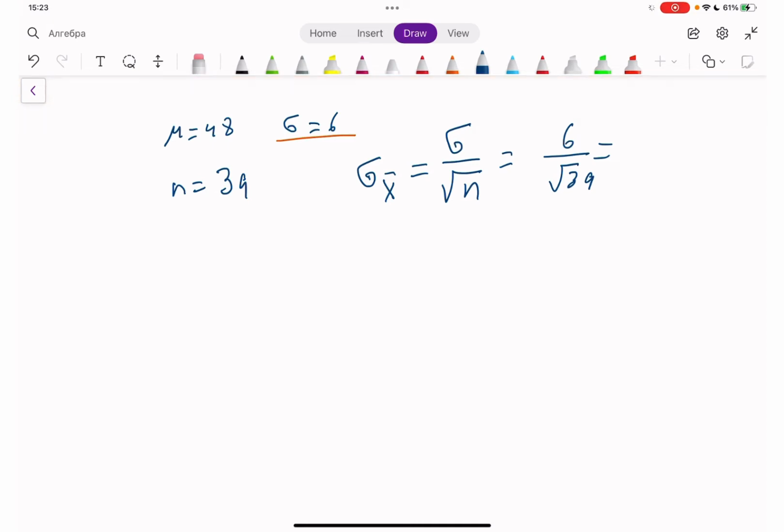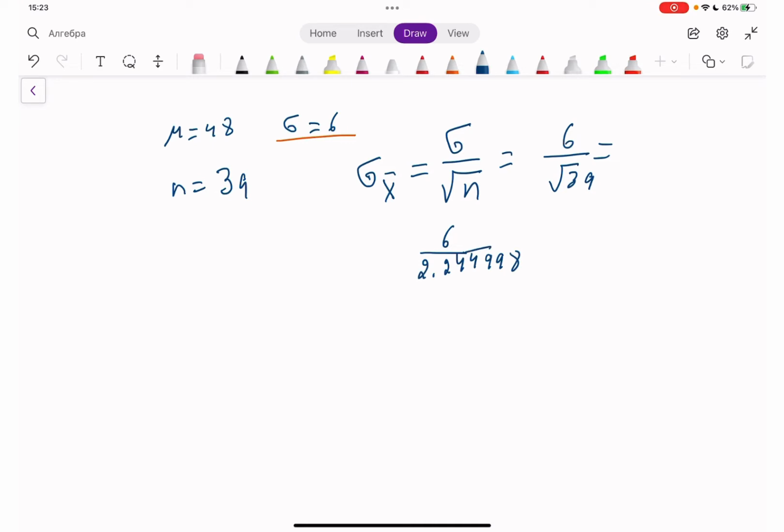Okay, so let's see, where is my calculator? Square root of 39. That gives me 6 over 2.244998.